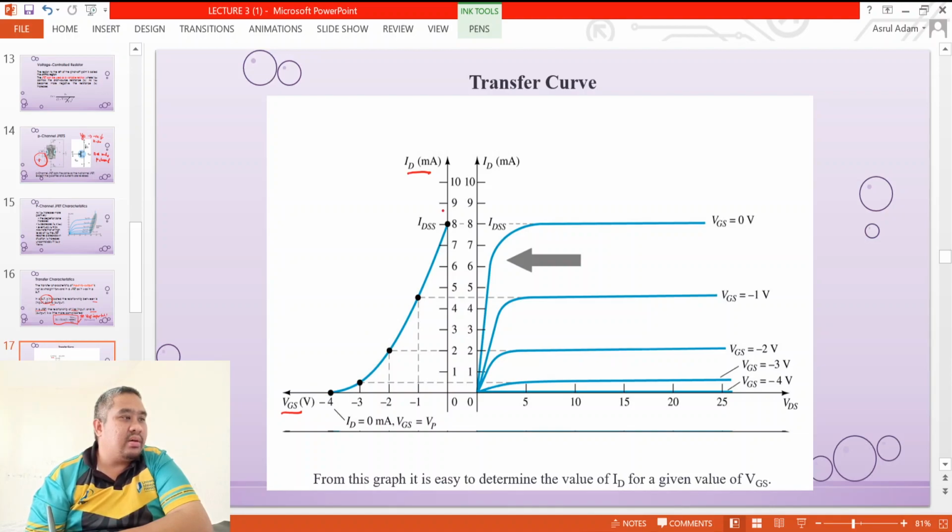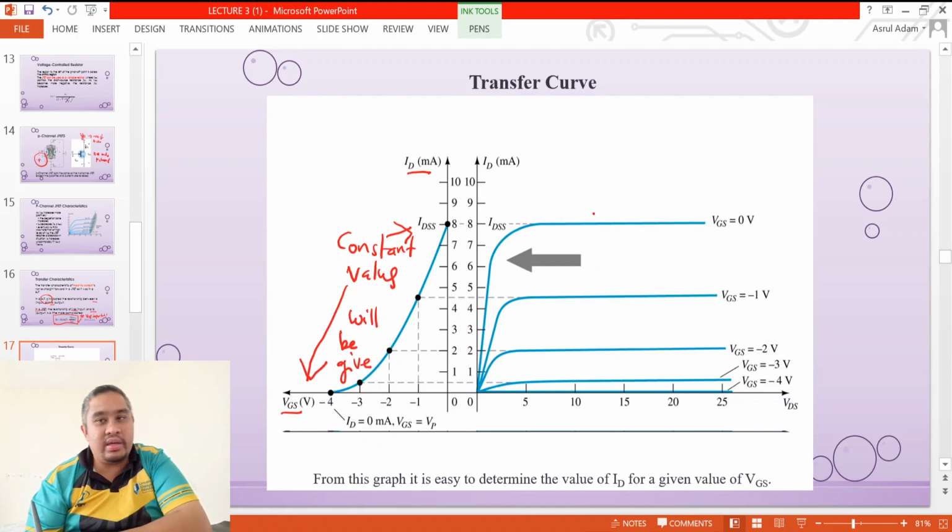Here IDSS is a constant value. This one also is a constant value. The value will be given.